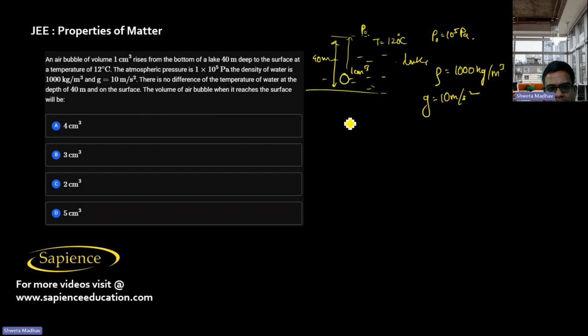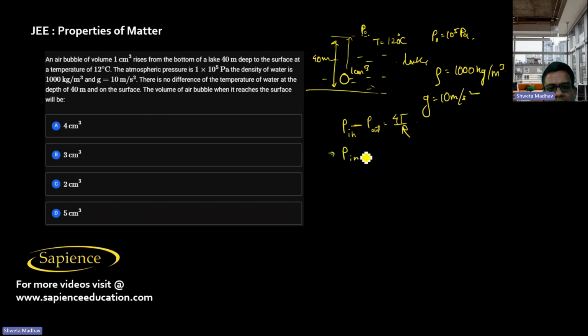Now, the pressure difference, the pressure inside the air bubble minus the pressure outside, is equal to 4T by R, where T is the surface tension.